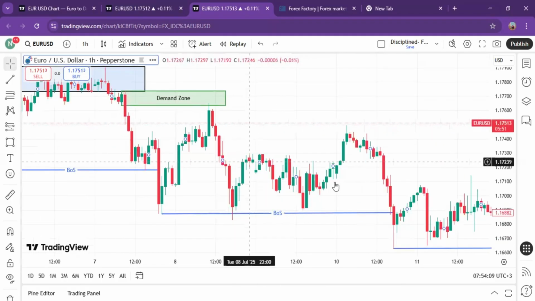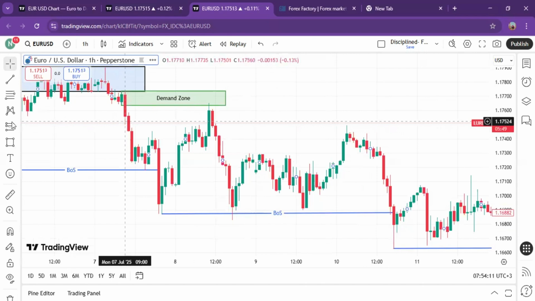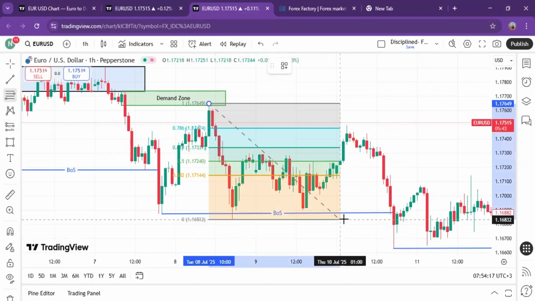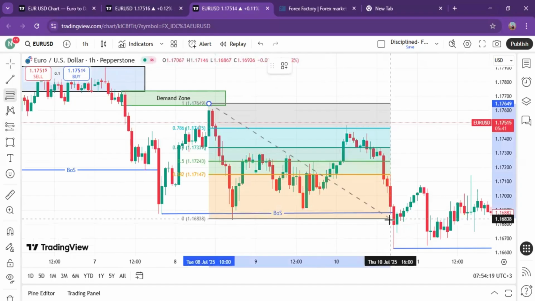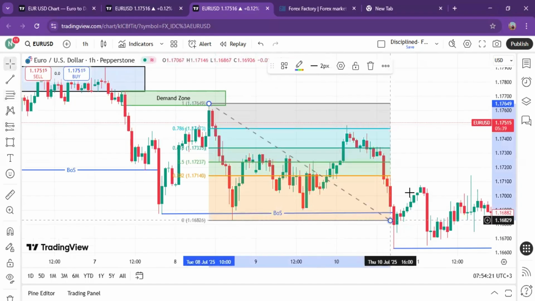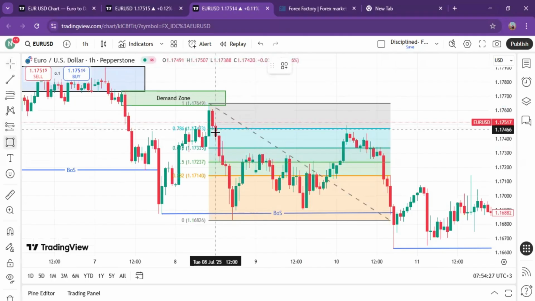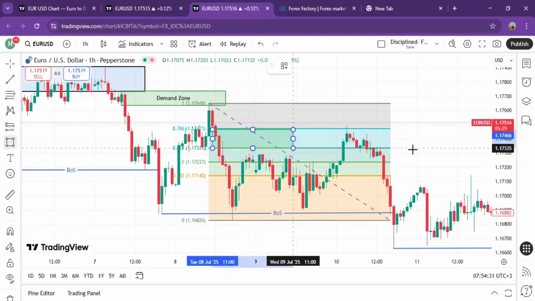The same applies to this here. You can use the Fibonacci retracement tool, marking from the beginning of the trend to the end of the trend. And you can see that the market also came to the OTE zone at that point.